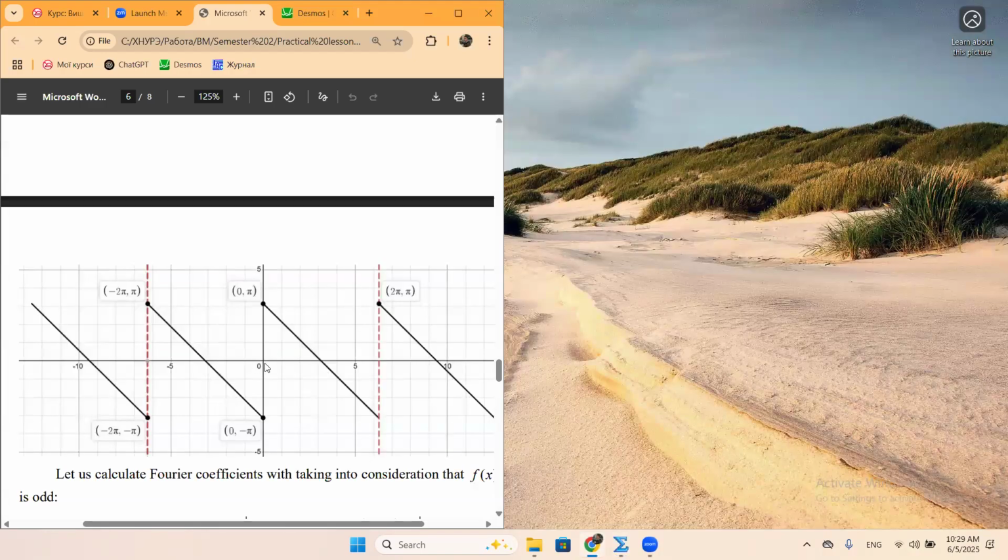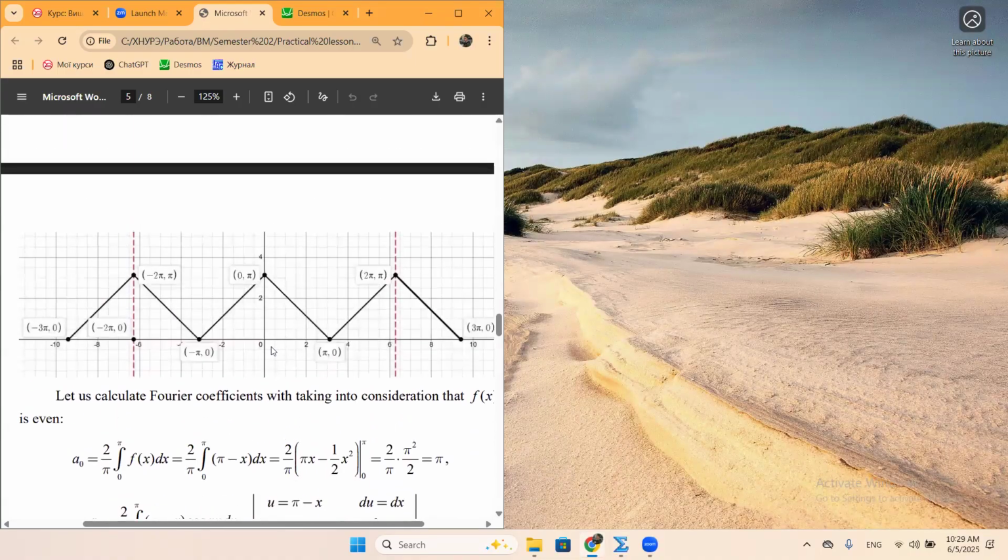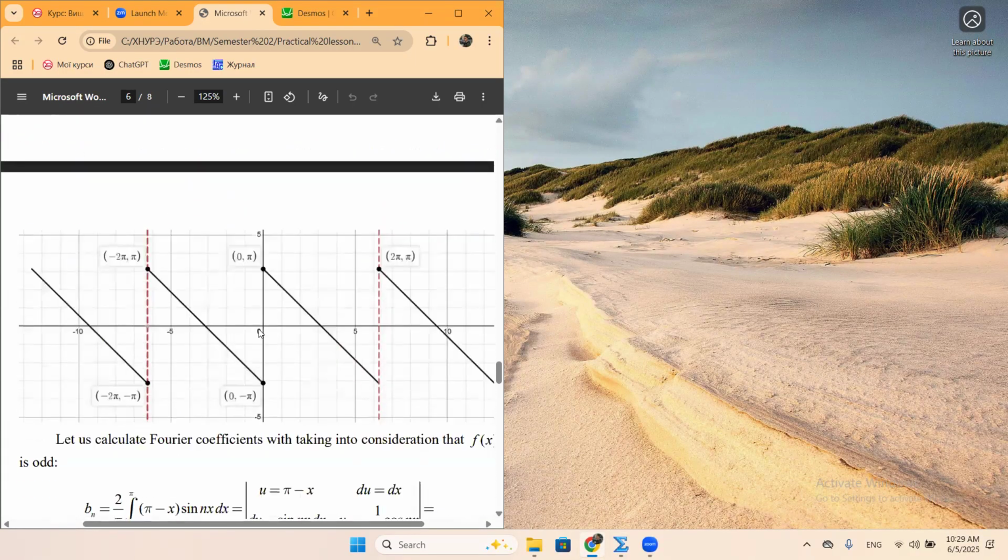The symmetry is with respect to the origin of coordinates, so this function is odd. If the function is continued in an even form, it has no discontinuity points. But here we have discontinuity points at 2p.